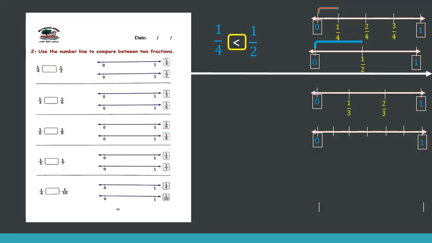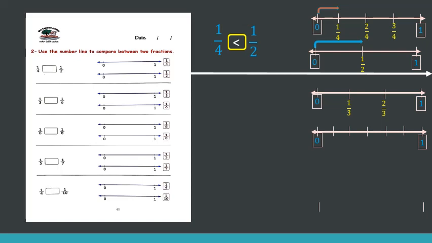Number 2, 1 over 3 and 1 over 6. If I want to represent 1 over 3 on the number line, I must divide the number line into three equal parts. The first part is called 1 over 3 and the second part 2 over 3.